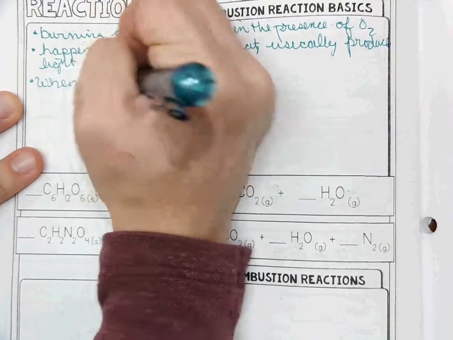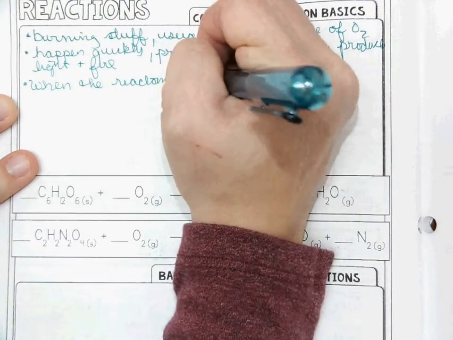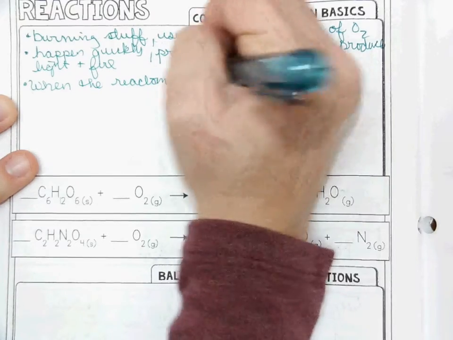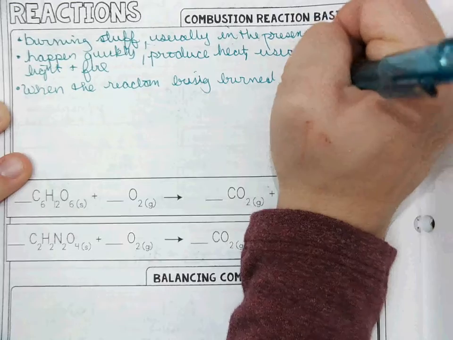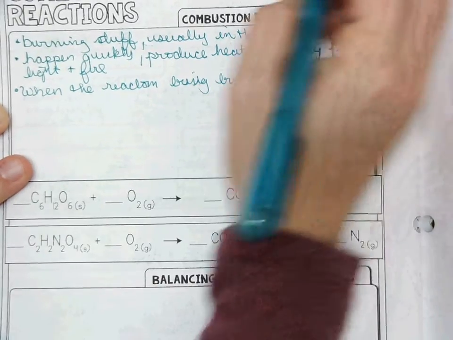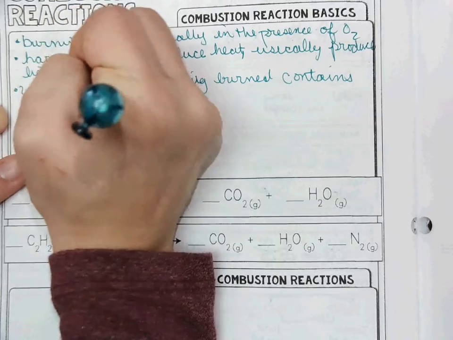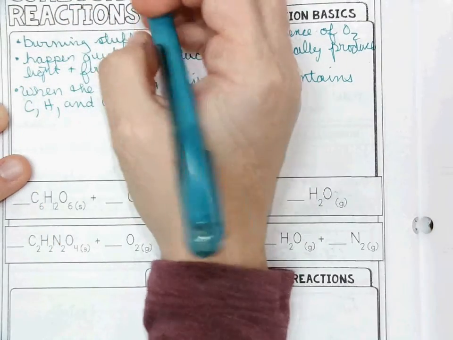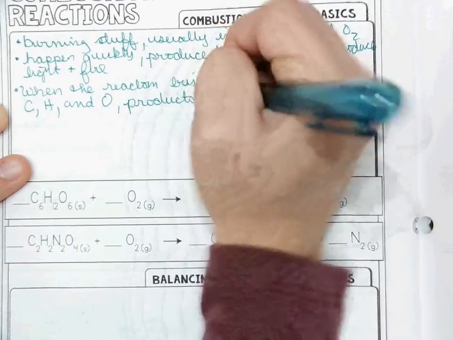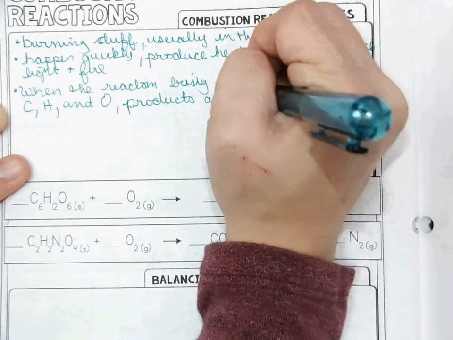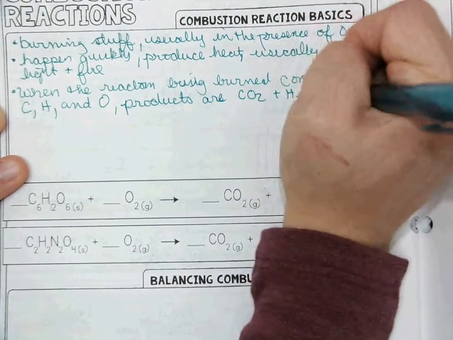When the reactant being burned contains carbon, hydrogen, and oxygen, products are CO2 and H2O.